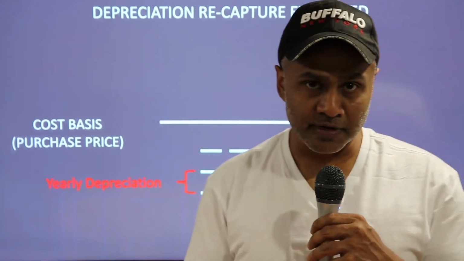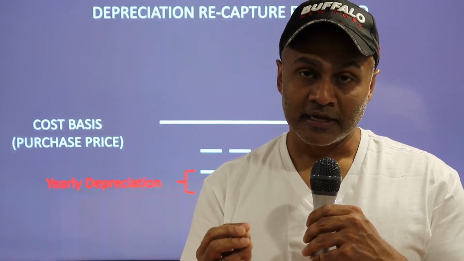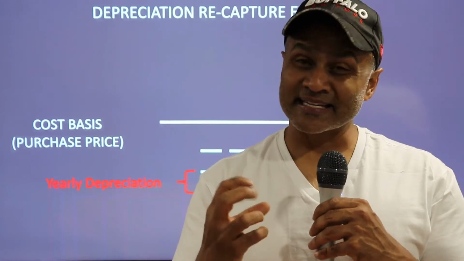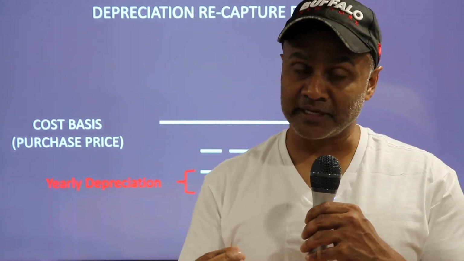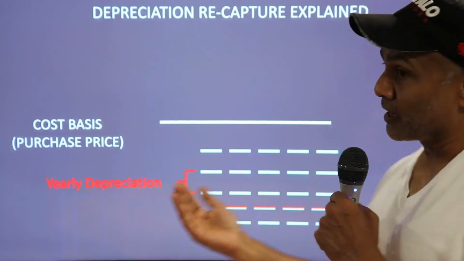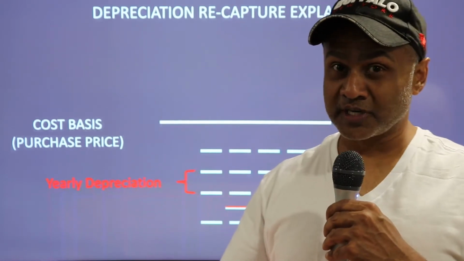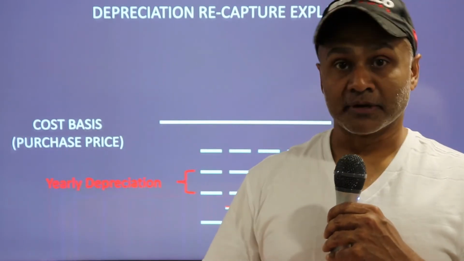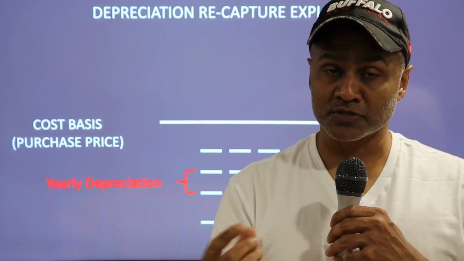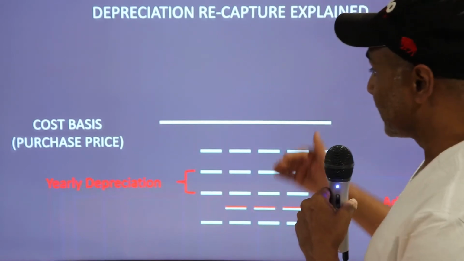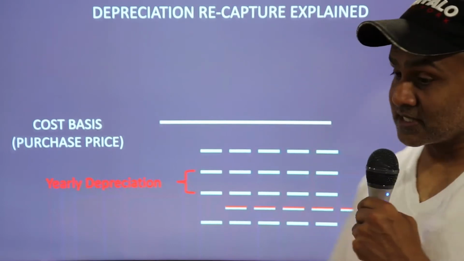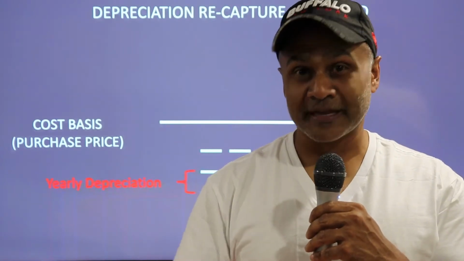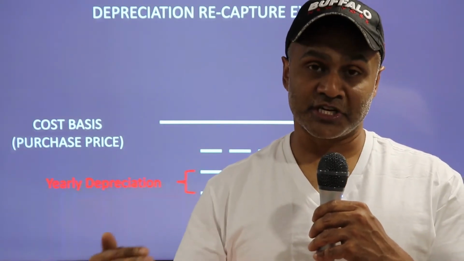That is super important because most people, including myself for many years, assumed that the government taxes me on the difference between my raw purchase price and my sale price. Unfortunately, that is not the case, because that's a smaller margin. Assuming you sold the property for a profit, the adjusted cost basis is going to be significantly less, based on how many years you owned the property and how many years you took the depreciation expense.